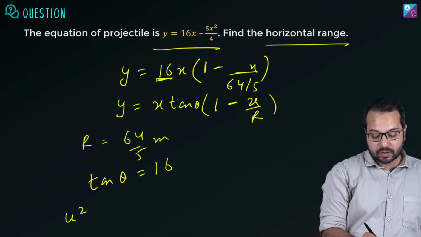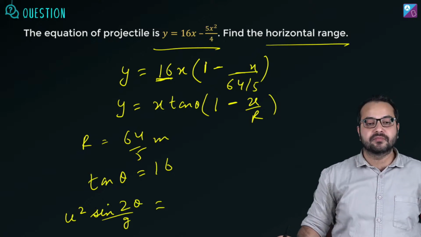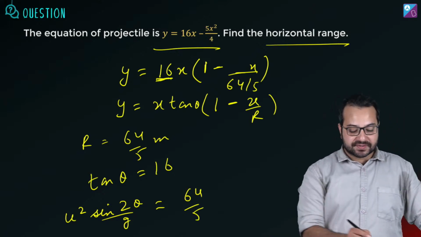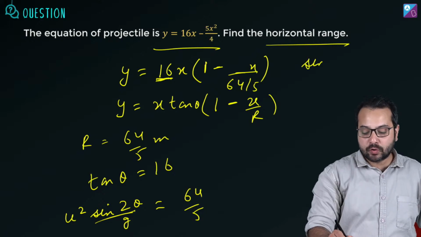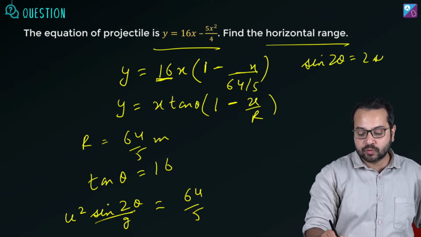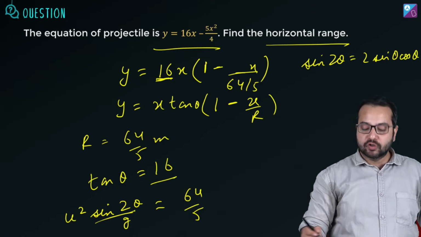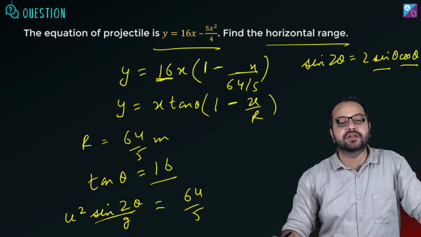Of course. What is the range? U square sine 2 theta by g, and this is equal to 64 by 5. Now sine 2 theta you can write as 2 sine theta cos theta. Tan theta is known, so sin theta and cos theta can also be found, and then you can find out u square.